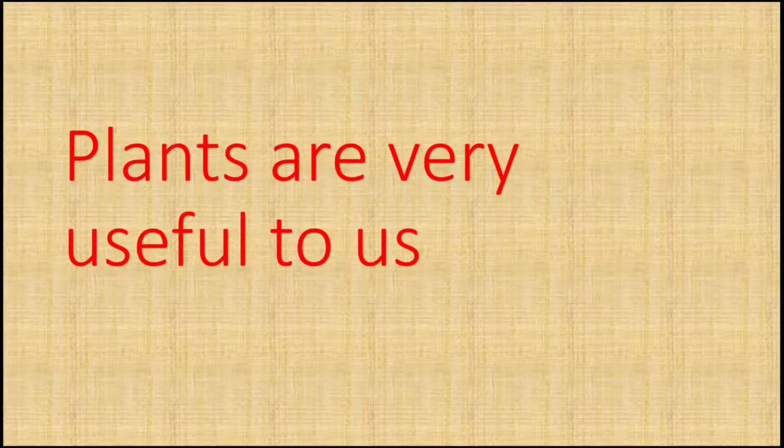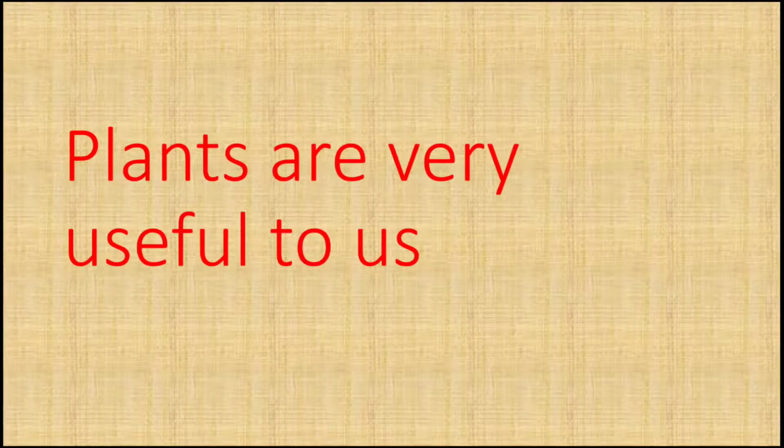Today, we will learn how the plants are very useful to us. As you know boys, all the human beings depend on plants for so many things. Plants are very useful to us in many ways.